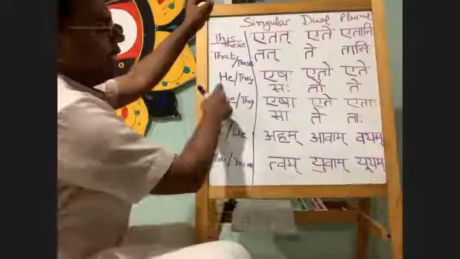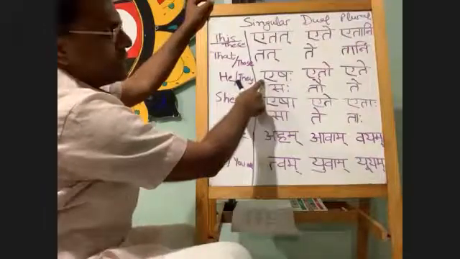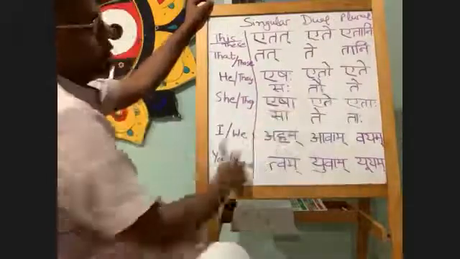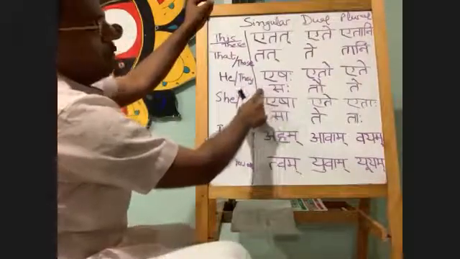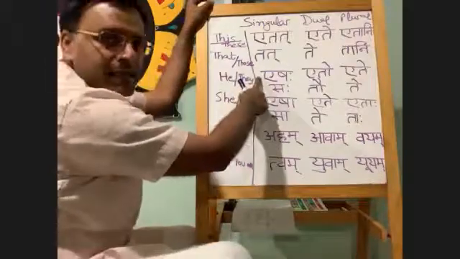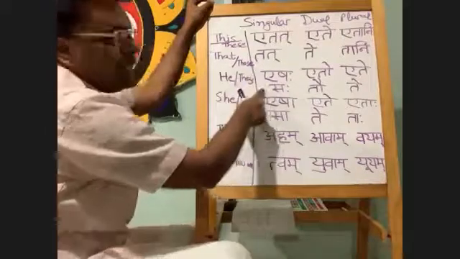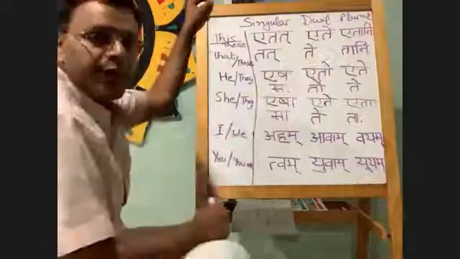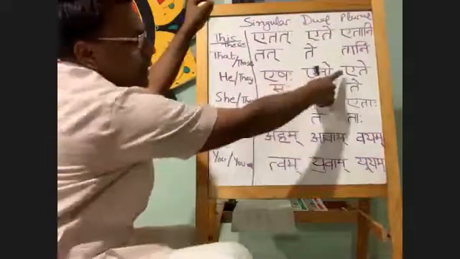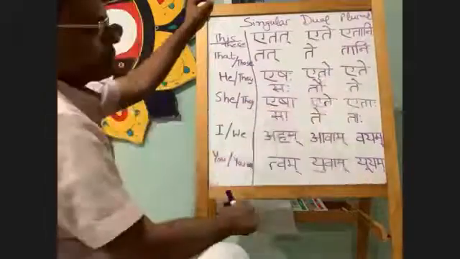And then he or they: esha, etau, ete, or sah, tau, te. Now what is the difference in these two? One is when you are addressing somebody closer by, somebody next to you, or when you are indicating somebody farther away. So esha or sah, and in the same way etau, ete, or tau, te.